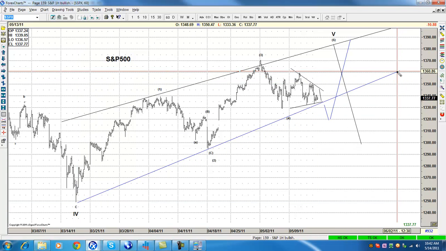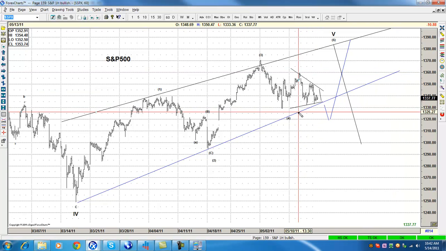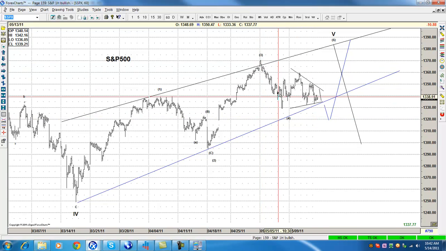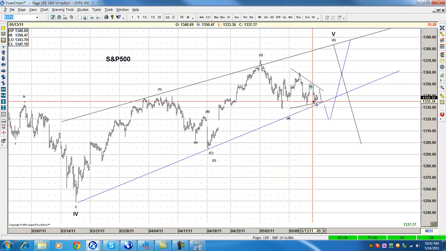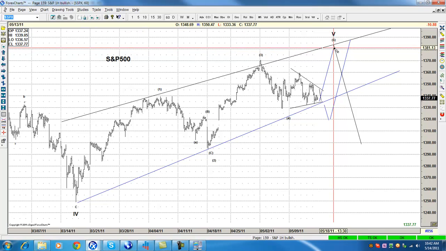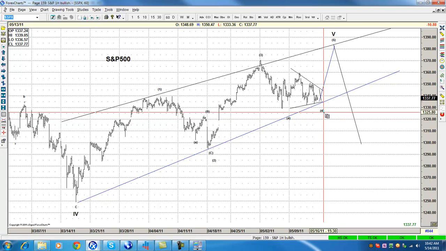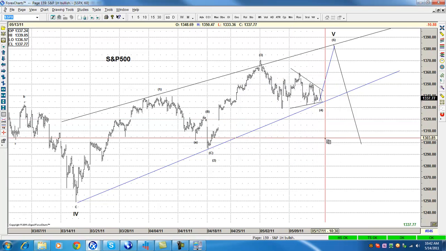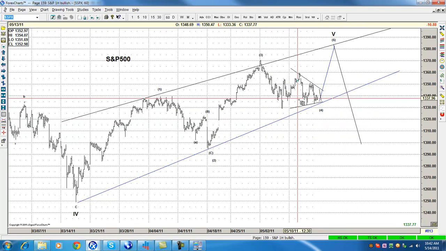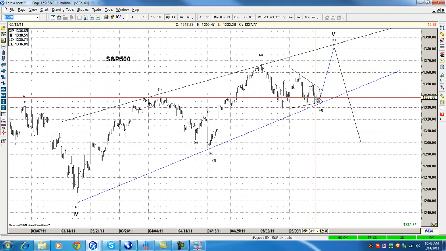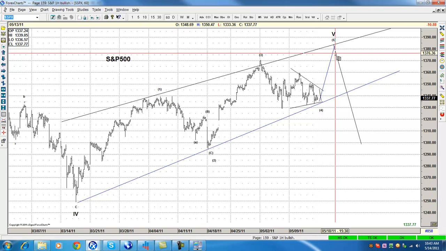Now, the most likely scenario is like this, that all we getting in wave 4 is a triangle when we got A, B, C, D, E, and then we're gonna bust from here to the new high on the top, and that goes pretty well with the weakness in the dollar, that goes pretty well with the strength in oil. So this is the scenario that I like. This is 3, A, B, C, D, E, and then on the beginning of the week it's gonna trade high.